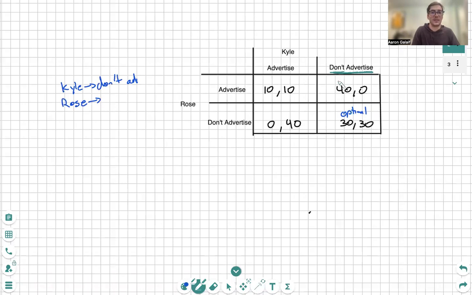That is because 40 is bigger than 30 outcome for profit. Her options are either if I don't advertise, I'm going to get a 30 increase in profit. And if I do advertise, I'll get 40, which is what we prefer. So Rose will choose 40 and advertise there.